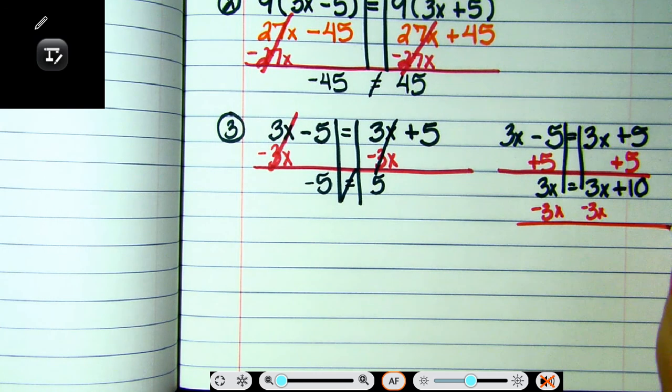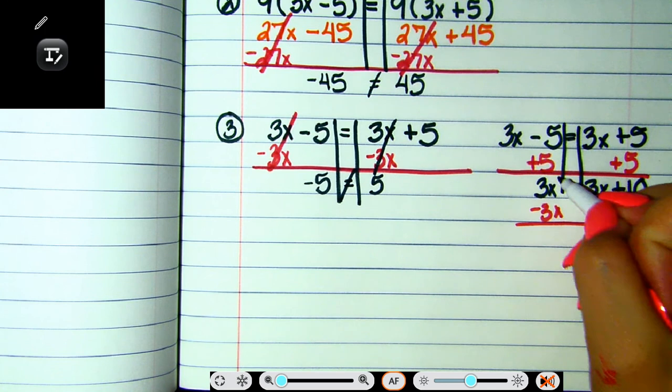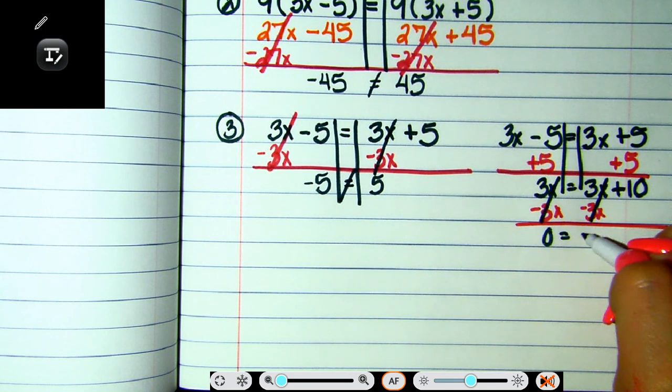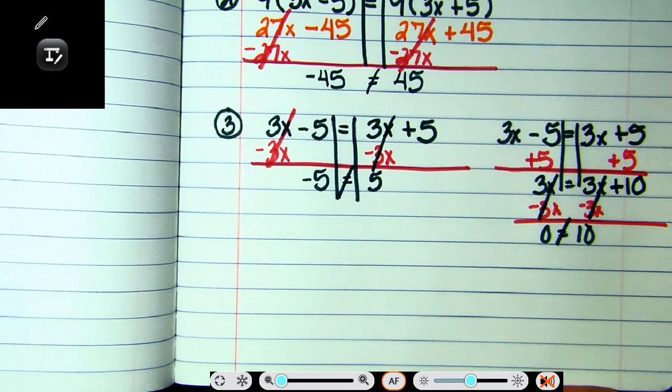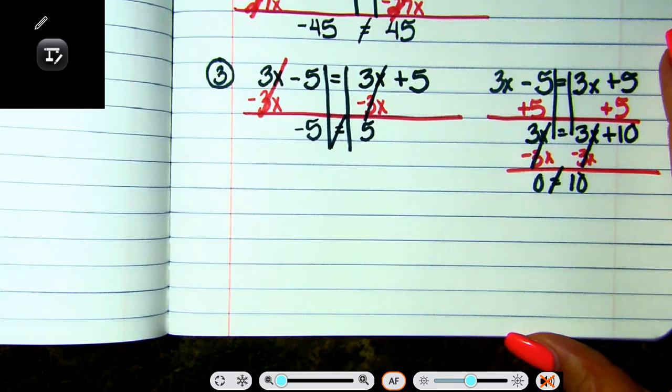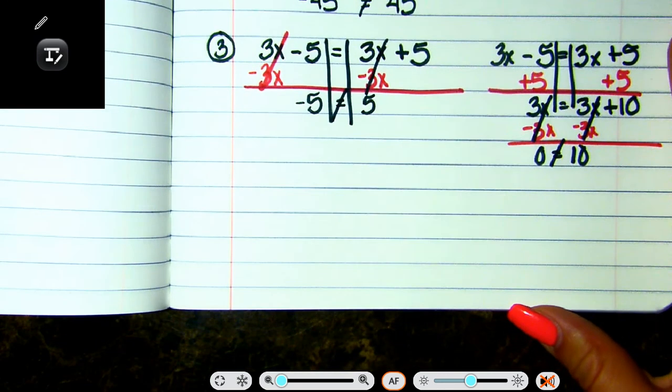Subtract 3x, I get 0, this is 0, and 0 does not equal 10. Okay, so I just wanted you to see that even if I move the constant over and not the coefficient and the variable, I still get a no solution.